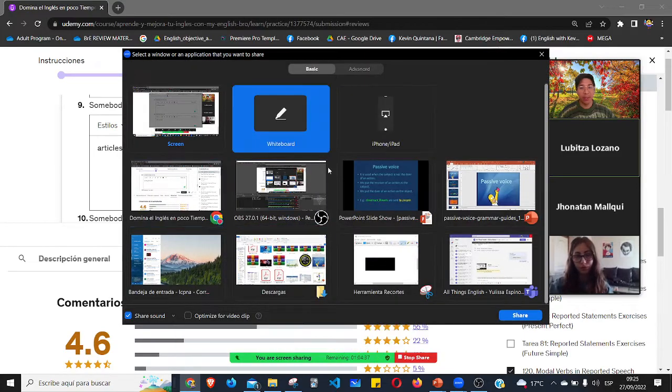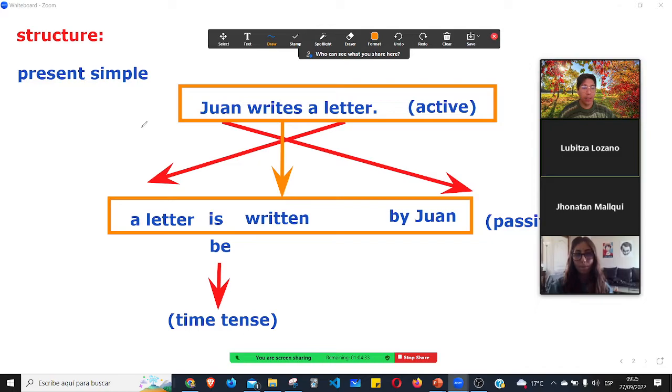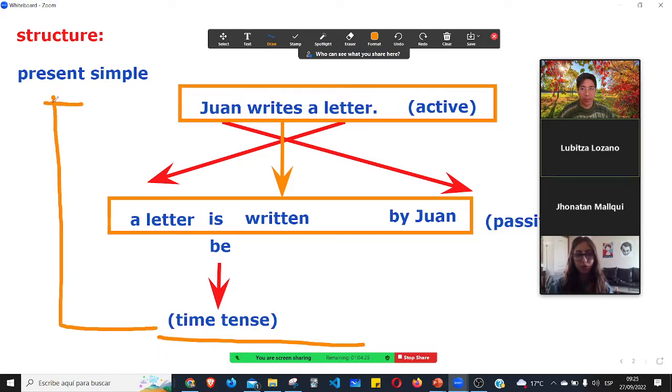Let's continue here. Okay, well, as I said before, this is the present simple. Remember, you have to use a time tense with the verb be. So what if I change this one? This is not the present simple. What about the past simple? Instead of saying writes, what is the past form?